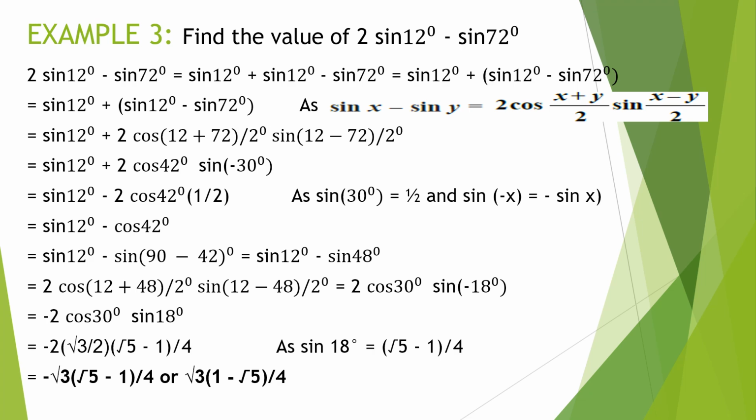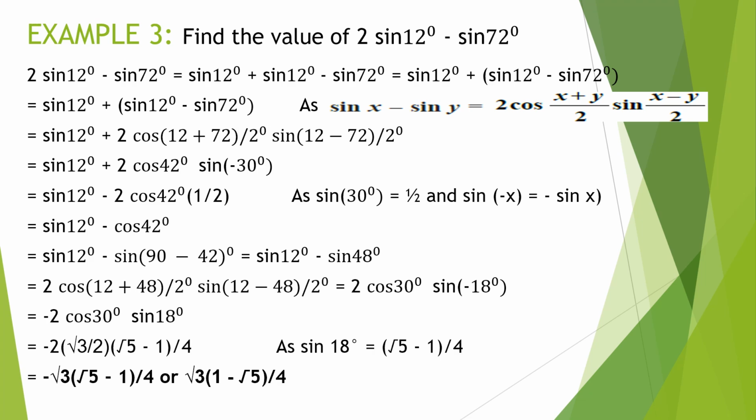So now let us combine sin 12 degree minus sin 72 degree. We have a formula: sin x minus sin y is 2 cos sin. So by applying the formula we get 2 cos of (12 plus 72) by 2 degree and sin of (12 minus 72) by 2 degree.